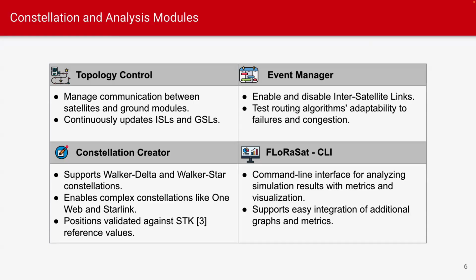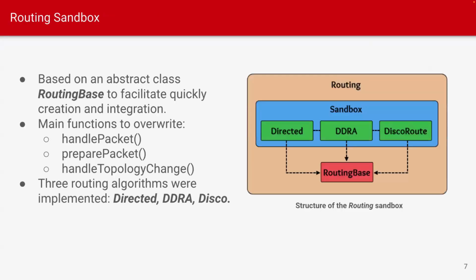Okay, thank you. The other main incorporation in this new version of FloRaSat is the routing sandbox. It is a sandbox that facilitates the integration and creation of new routing algorithms. This sandbox is based on an abstract class that we call routing base.